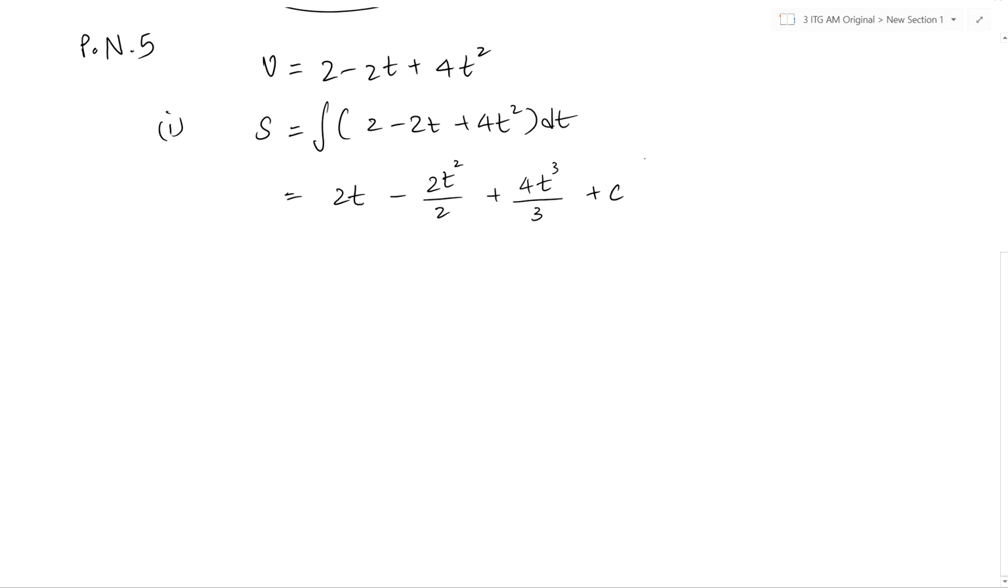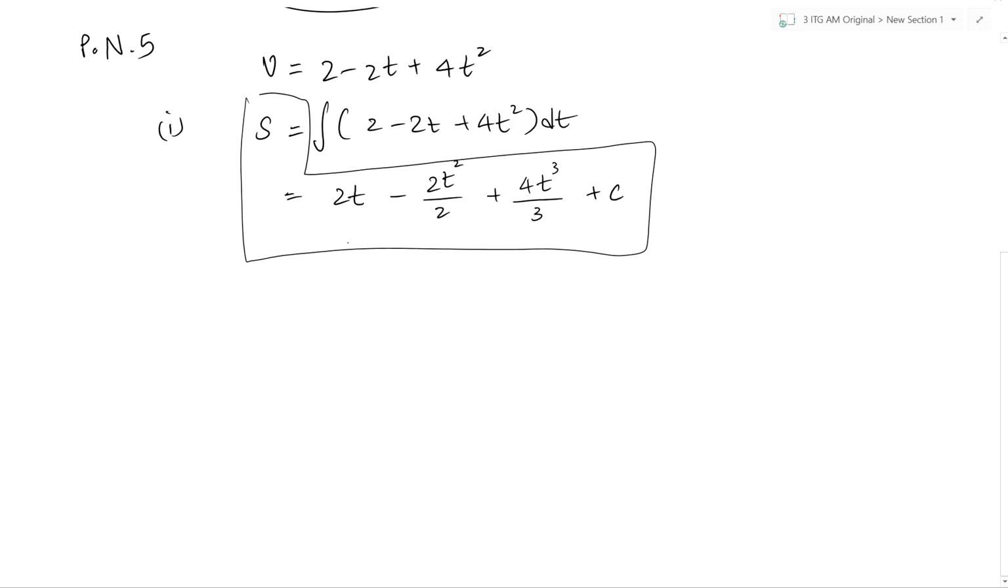What we know right now is that the displacement is a function of time. Given any value of time, I should be able to find the displacement. For example, when I sub t equals to 0, I will end up with displacement equals to constant.